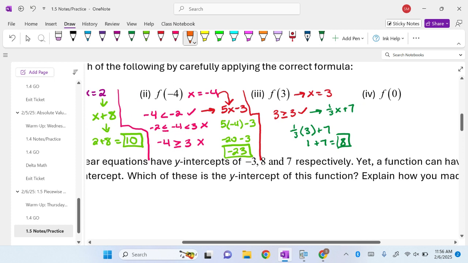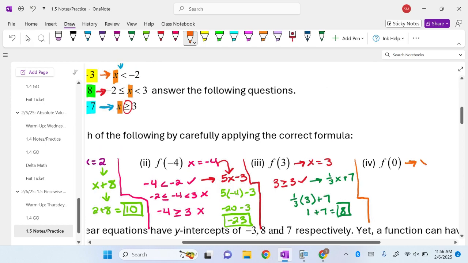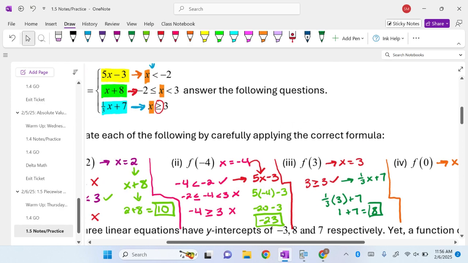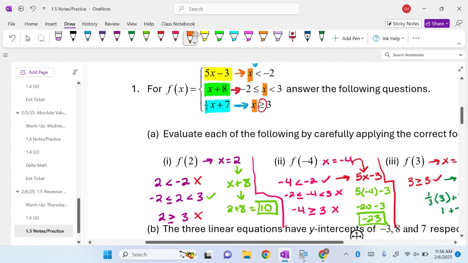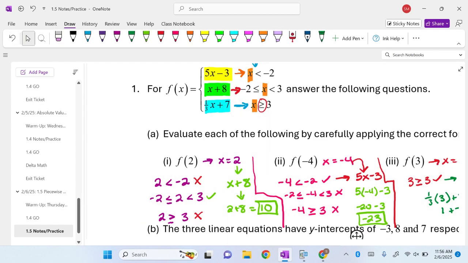All right. And then the last one, f of 0. So again, we're finding when x is equal to 0. We're going to do this kind of as a class. So let me ask you this.